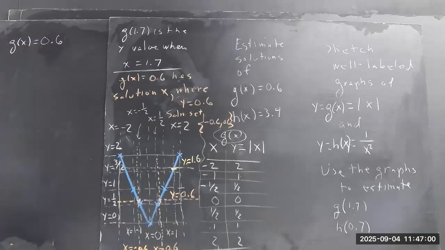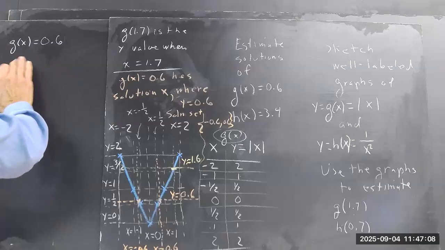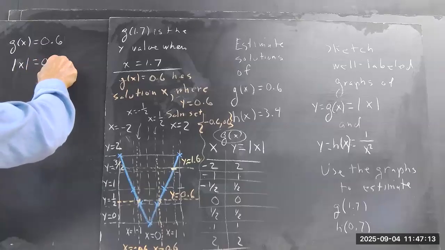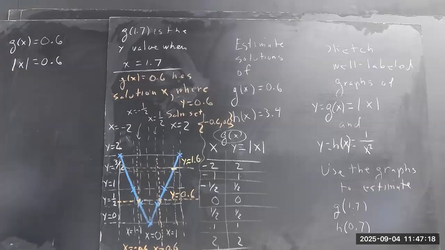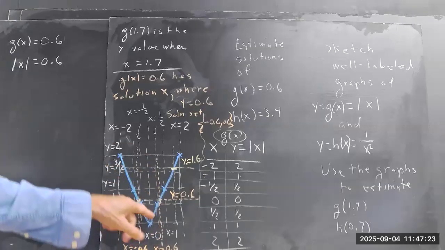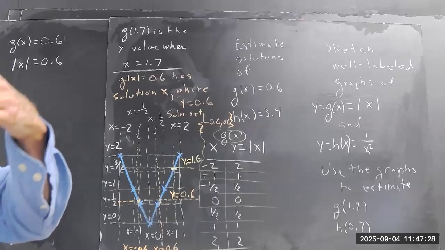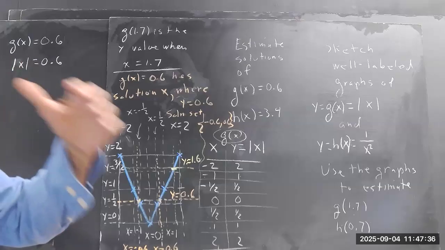How do you solve this equation algebraically? Well, that means absolute value of x equals 0.6. Now, as we can see from the graph, there are two values of x that make the absolute value equal to 0.6. If x is equal to 0.6, the absolute value is 0.6. If x is negative 0.6, the absolute value is still 0.6.